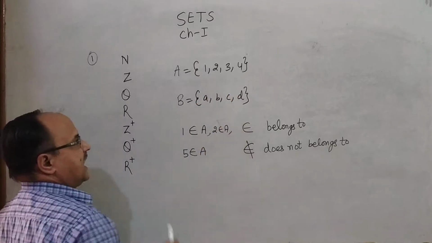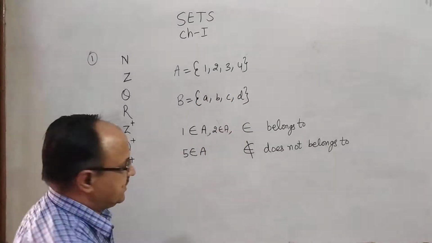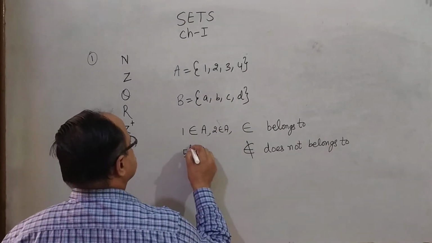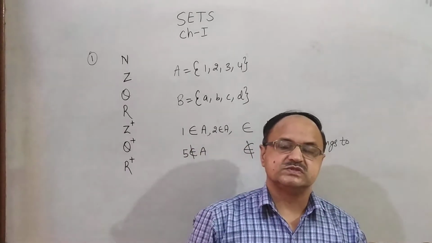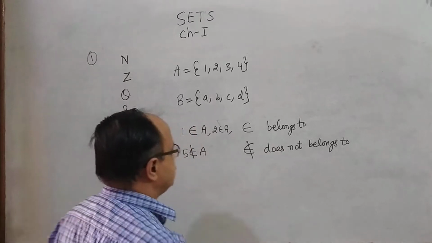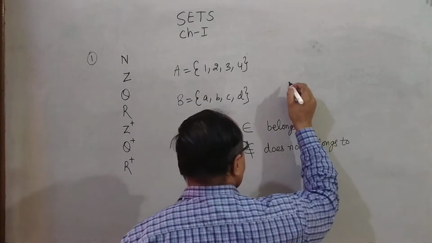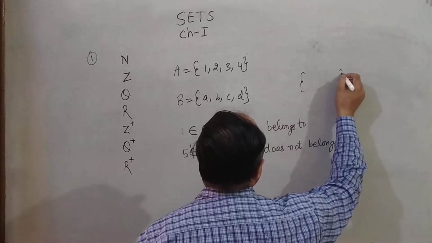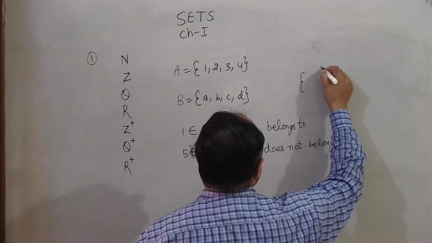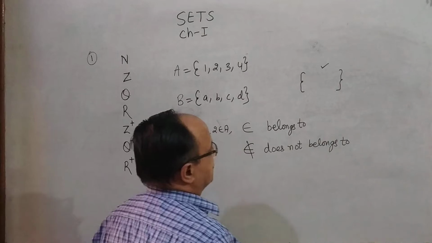Is 5 an element of set A or not? 5 does not belong to set A. And you know that a set is generally denoted by curly brackets. For set we use these brackets.